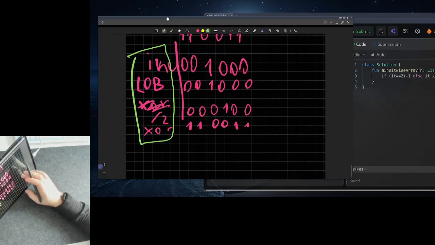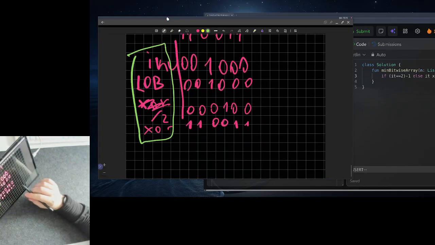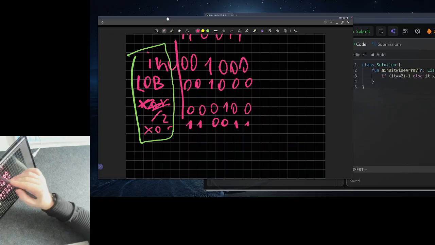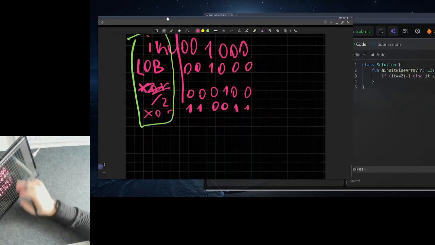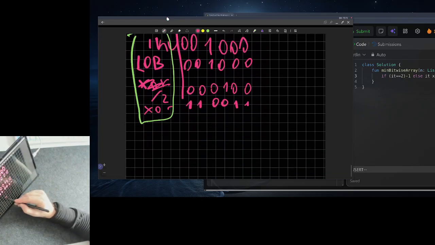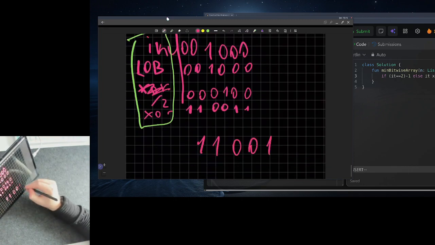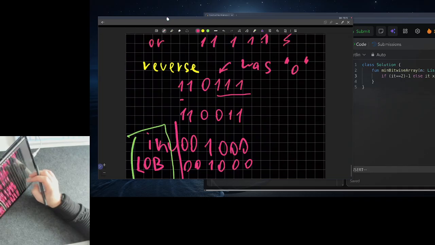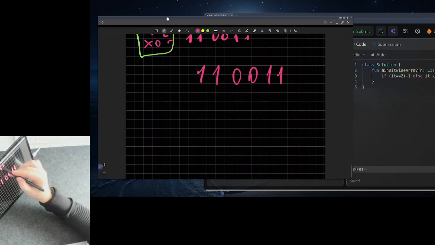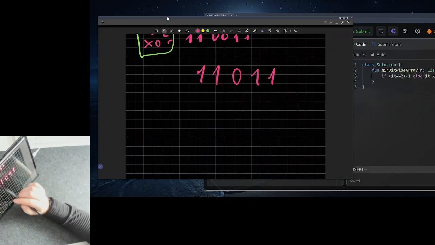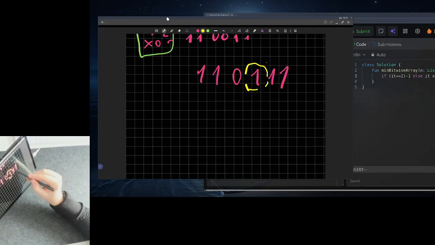However, there are other possible solutions, and one of them is, imagine we have some number like this, and we want to change this bit to 0.